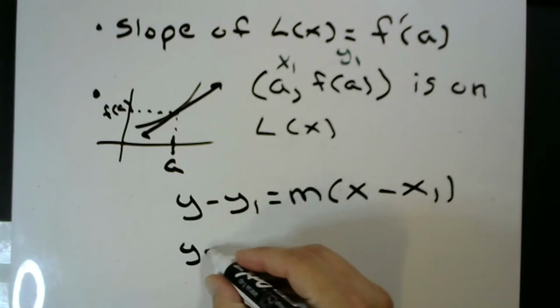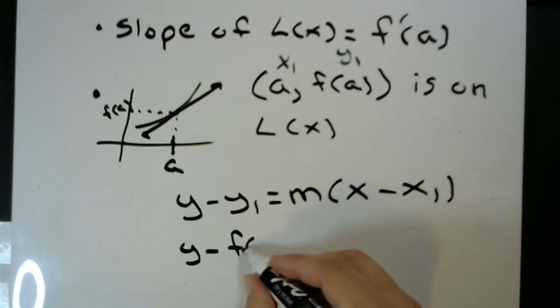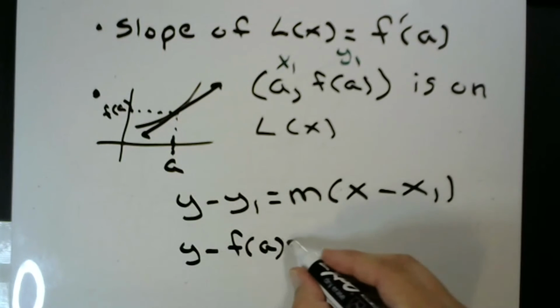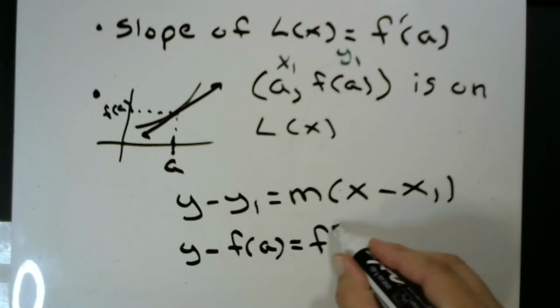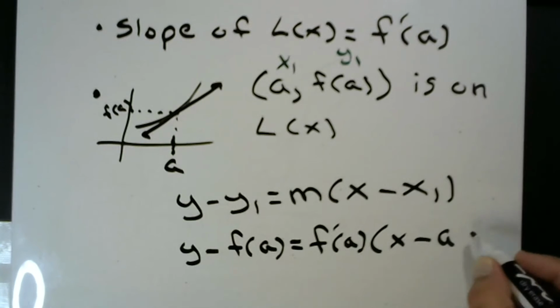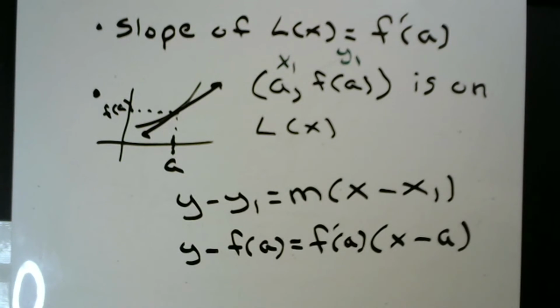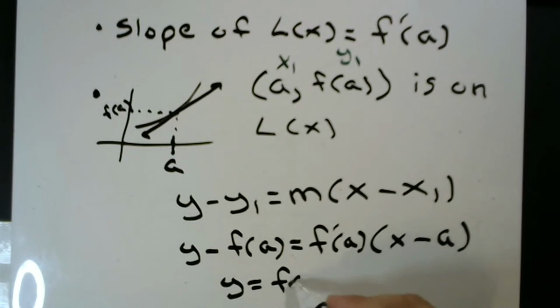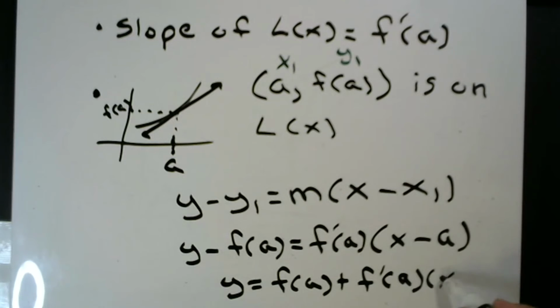You get y minus f of a is equal to f prime of a times x minus a. And then we're going to solve for y. y is f of a plus f prime of a times x minus a.